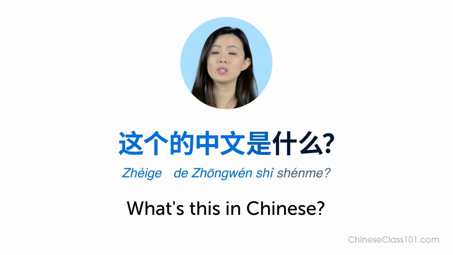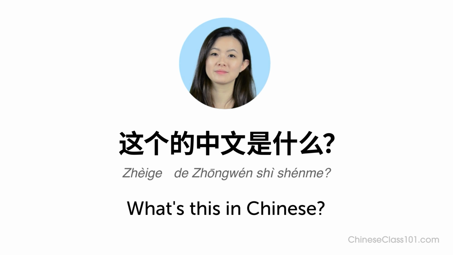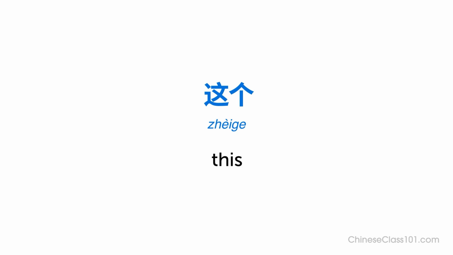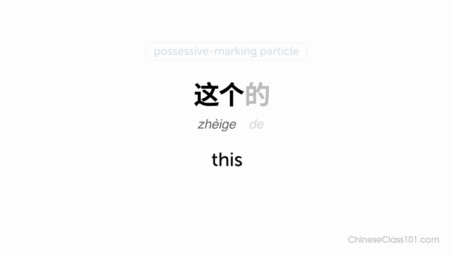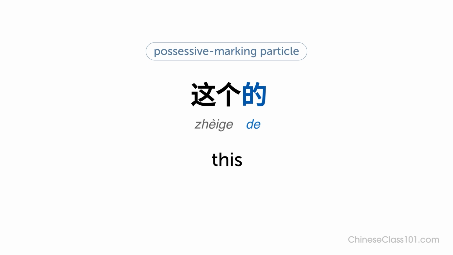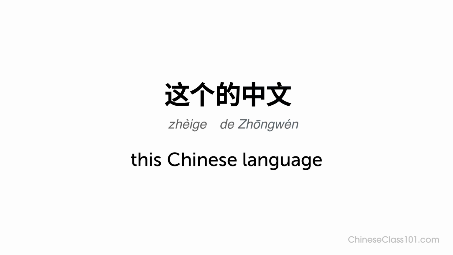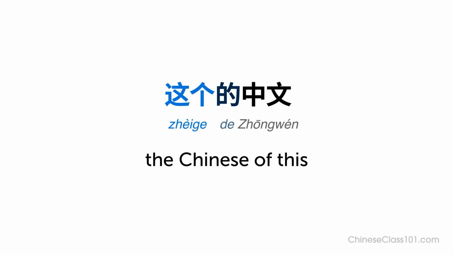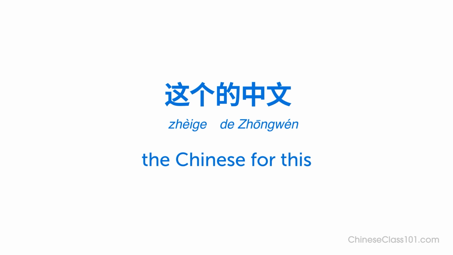这个的中文是什么? What's this in Chinese? First is 这个, this. Next is the possessive marking particle 的. After that is 中文, Chinese language. Together, 这个的中文 literally means the Chinese of this, but translates as the Chinese for this.